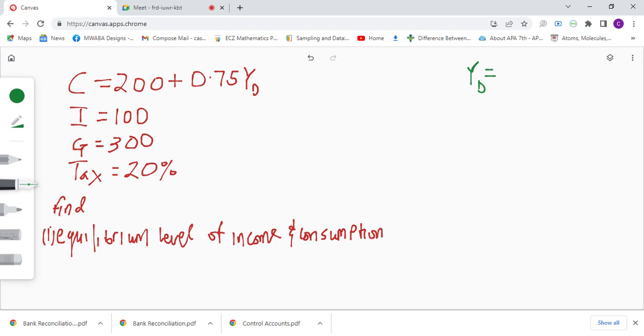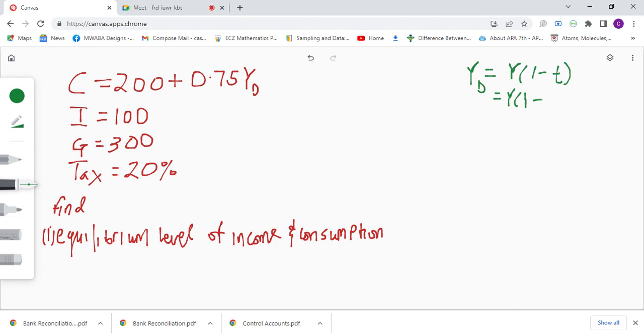Now our tax has been given in a percentage form, so YD equals Y, open brackets, 1 minus T, and T represents the tax rate.